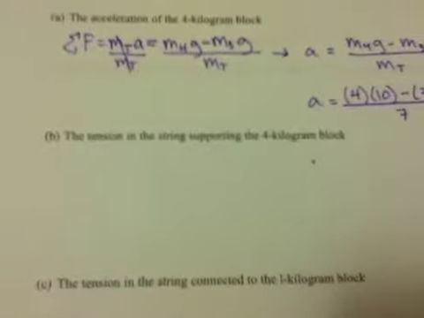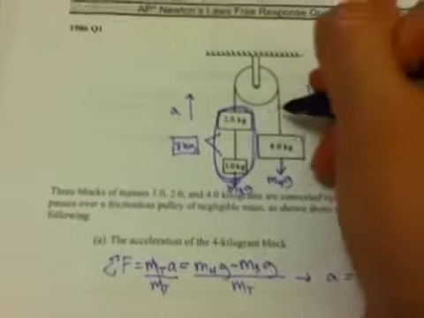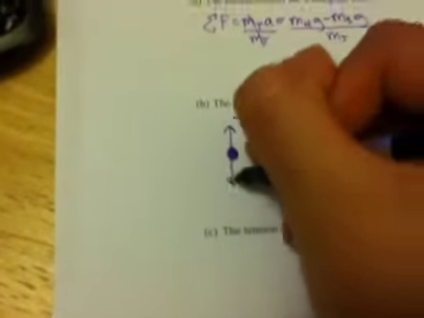Alright, so now we want to know the tension in the string supporting the 4 kilogram block. What we're going to do is only look at this 4 kilogram block. So let's draw a free body diagram for this 4 kilogram block. We've got this tension T going up, and we've got this m4g going down. And we know that our acceleration is also going down like that.